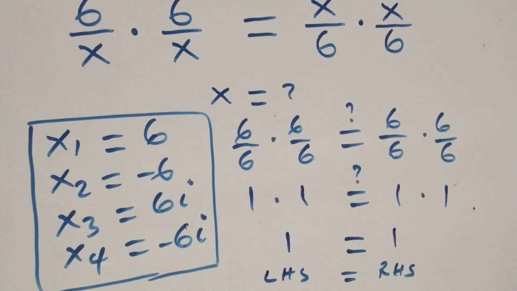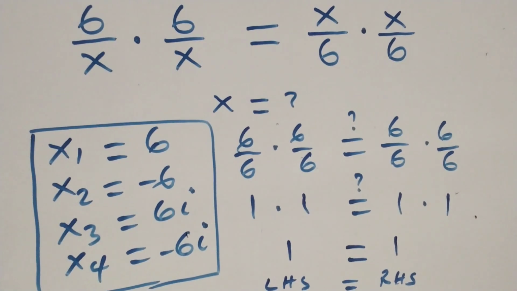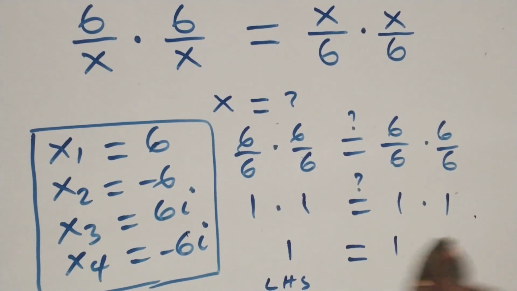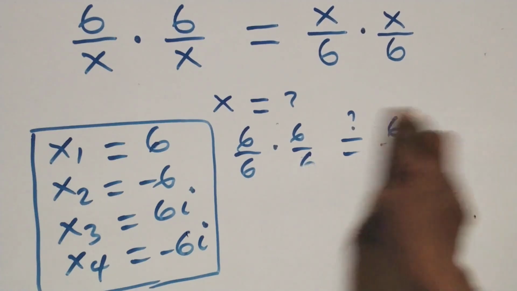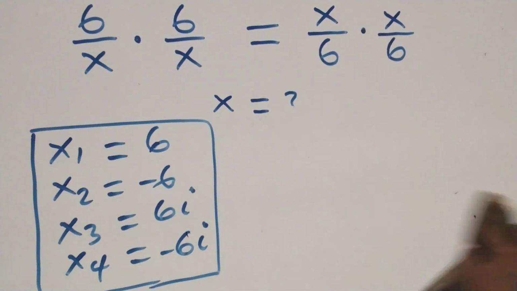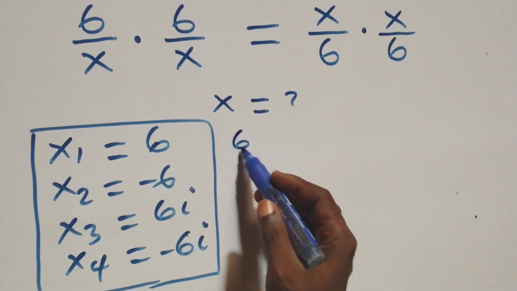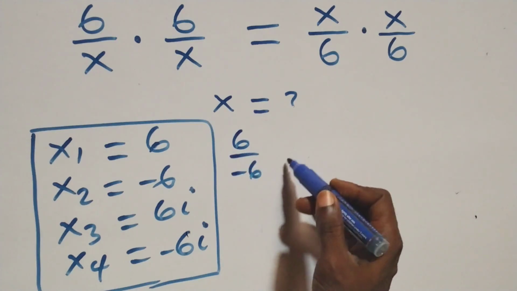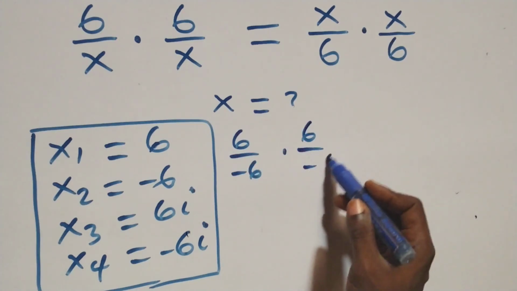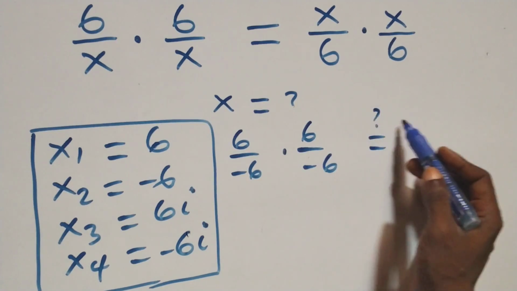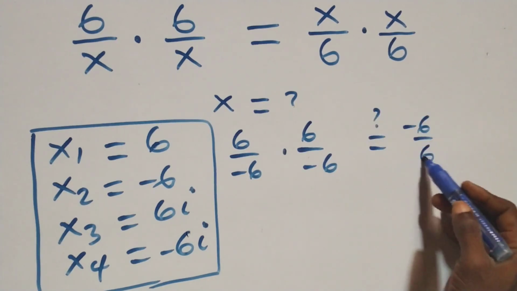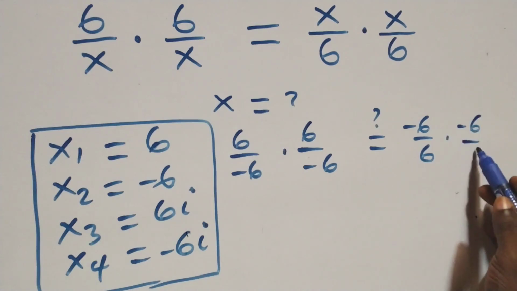Then also, we substitute x equals minus 6. That is, this equation becomes 6 over minus 6 times 6 over minus 6, is it equal to minus 6 over 6 times minus 6 over 6?